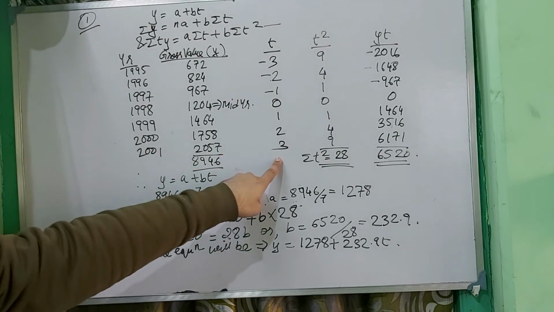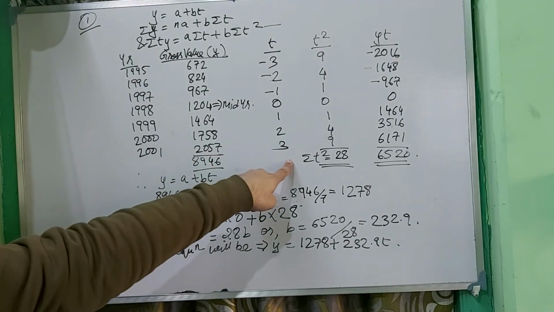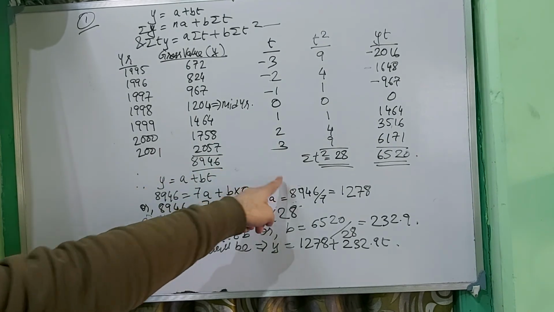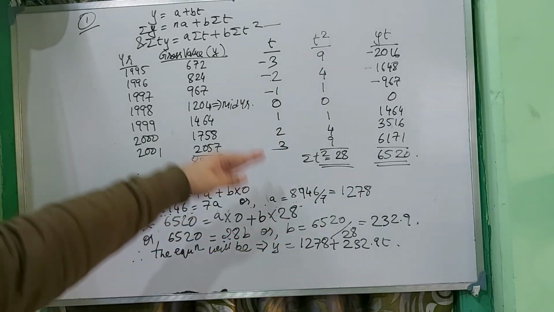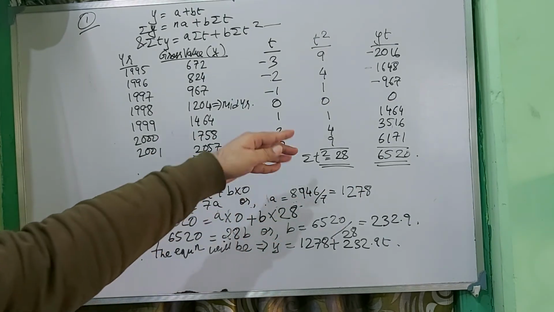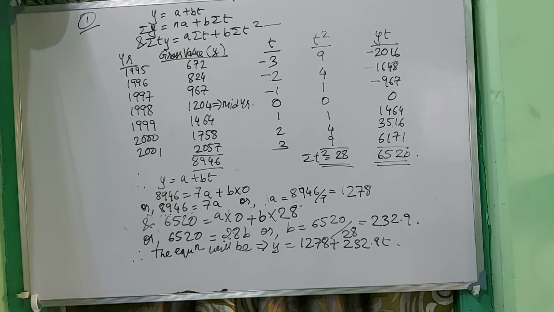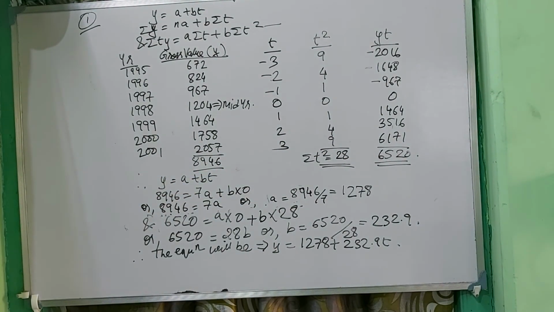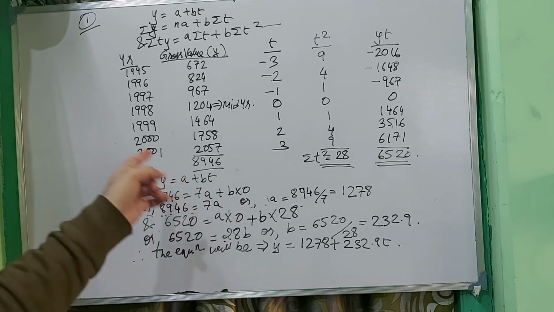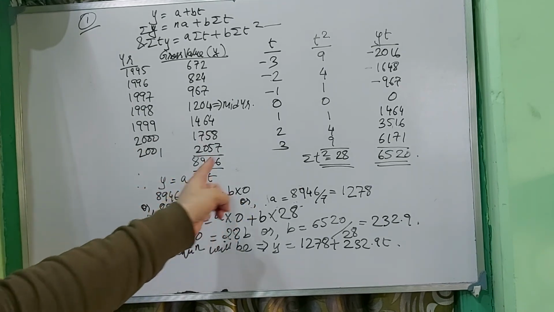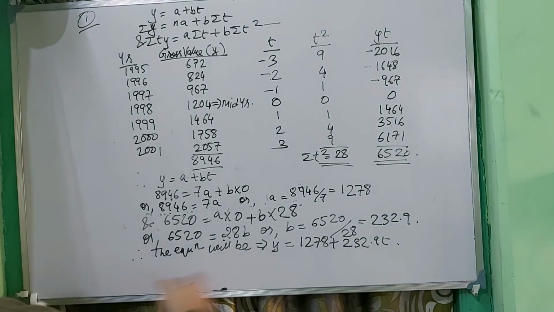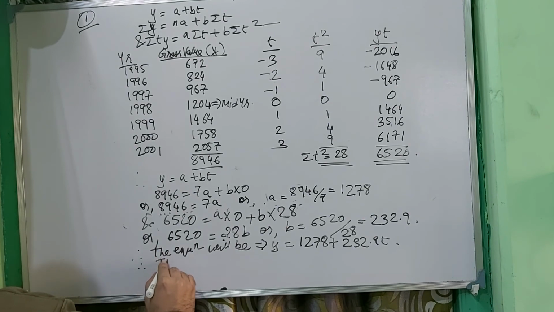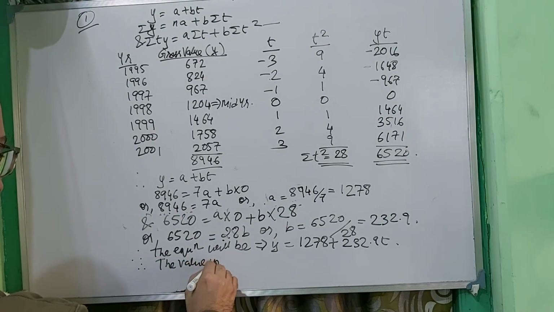In 2001 its t value is 3, 2002 it will be 4, 2003 it will be 5, 2004 it will be 6, and 2005 it will be 7. If the years increase, the t value also increases by 1 unit.